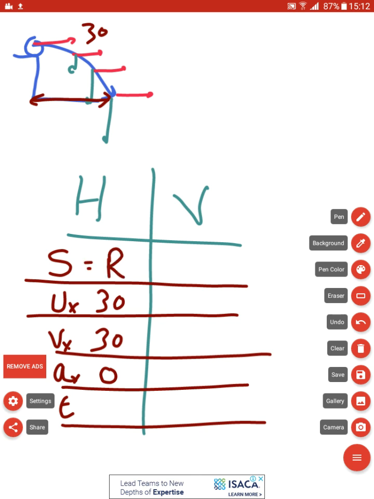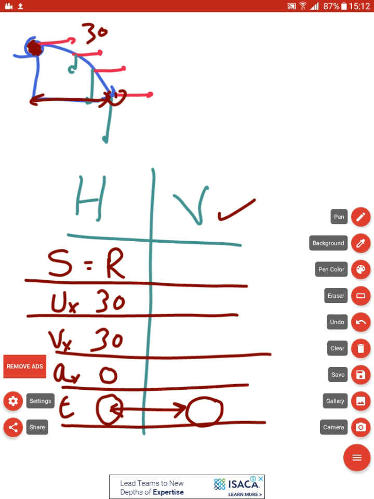This is unknown. Now, the time taken for the object to move from this point to this point horizontally is the same time taken for the object to reach here vertically. So this time equals this time. If you know the time vertically or horizontally, it's the same.